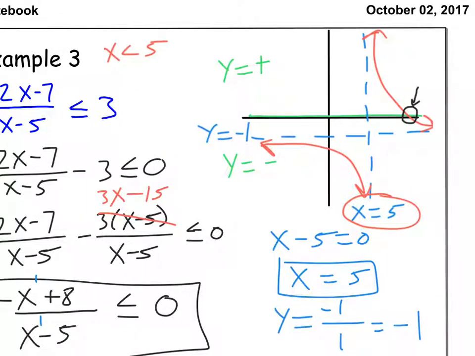And to get that 0, what we have to do is take negative x plus 8, set that equal to 0. You solve it and get that x equals 8. Notice if you go back to that boxed-in rational function that we're working with, negative x plus 8 over x minus 5, it's the 0 at the top.